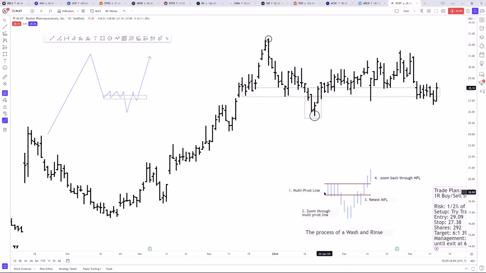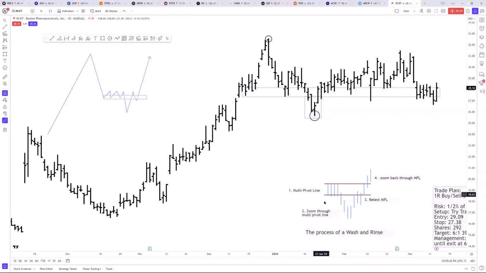So it has a process, right? I call it a multi-pivot line. So it's got a few touches where it starts. It's building a shelf and it drops everybody out. Step two, right? This is the shelf. Step two, it zooms through it, sometimes with a big wide range bar gap. Sometimes you can see it be somewhat distinctive, or maybe they press them straight out of it.